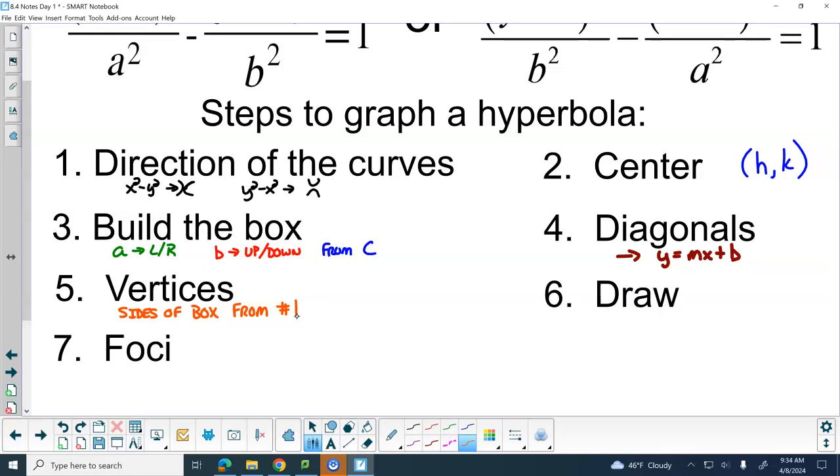Drawing it in is just drawing it in. Foci is Pythagorean theorem, and it's inside the curve.